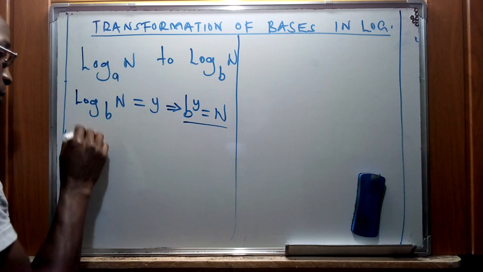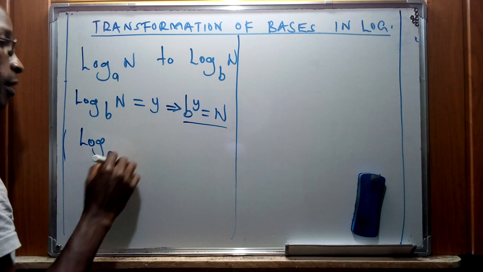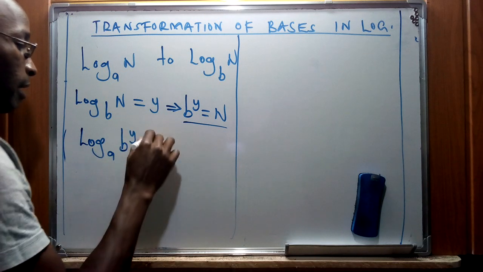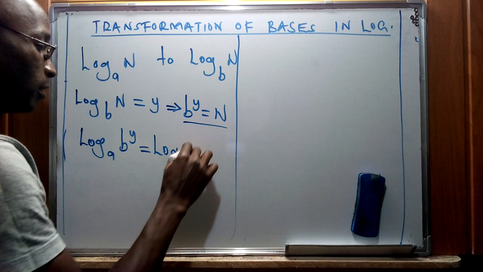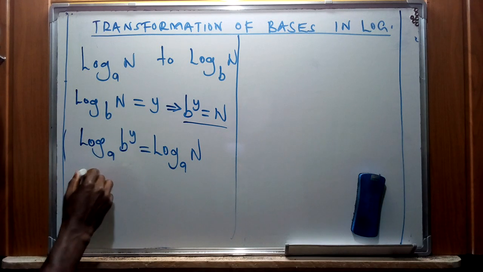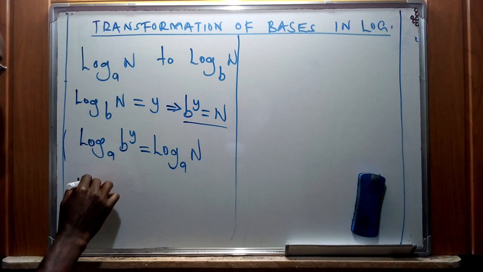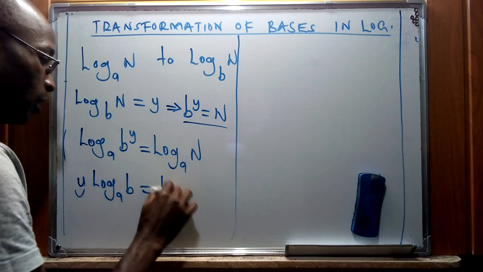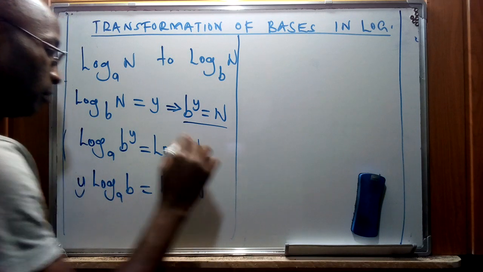So we're going to have log to base a of b to the y is equivalent to log to base a of n. From the logs of our logarithms, y log to base a of b is equivalent to log to base a of n.